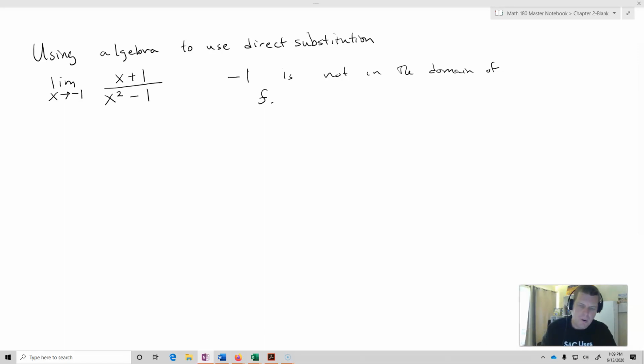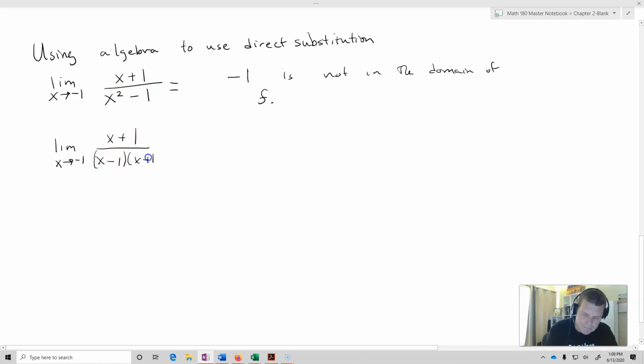So in this case, I've got the limit as x approaches -1 of x plus 1 over x minus 1 times x plus 1. So this is then going to equal, we can cancel these two out, the limit as x approaches -1 of 1 over x minus 1.